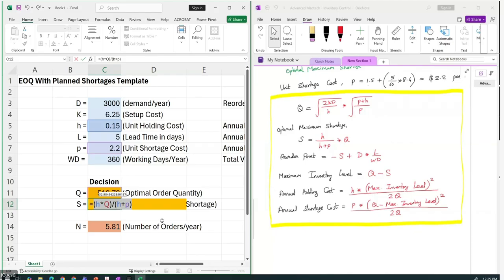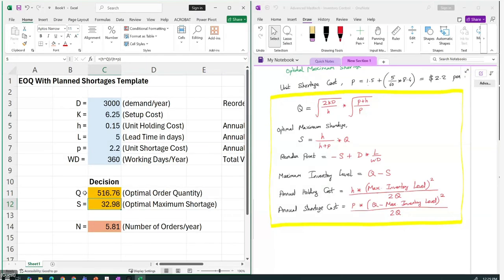H into Q numerator divided by H plus P, which is your denominator. You should be getting these numbers. Is everyone getting this? Yes, no, I can see some people are nodding. I hope others are getting it.